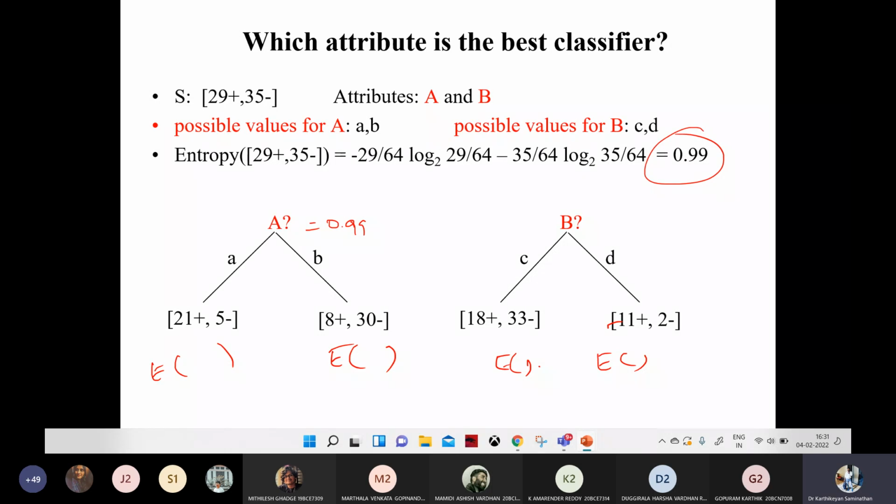What is the entropy of 29 plus 35? When you calculate, 21 plus 5 is 26. Here 30 plus 8 is 38.